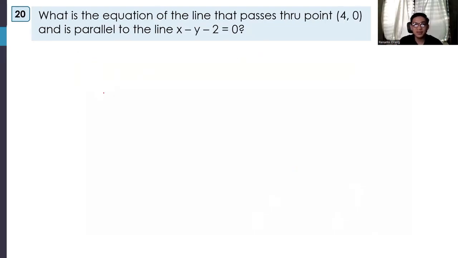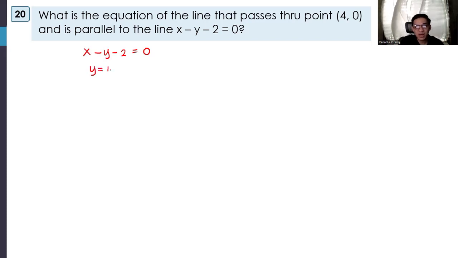Number 20. What is the equation of the line that passes through point 4, 0 and is parallel to the line x minus y minus 2 is equivalent to 0. So for this one, first thing that we need to do is to find our slope for this equation. X minus y minus 2 is equivalent to 0. So gagamit tayo ng formula.